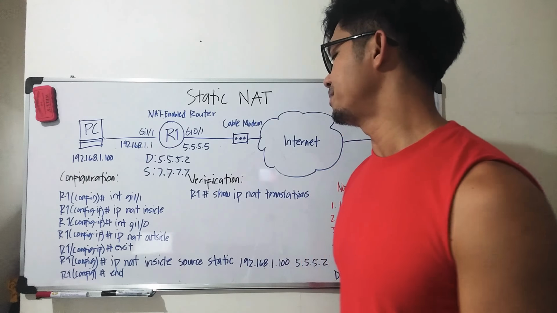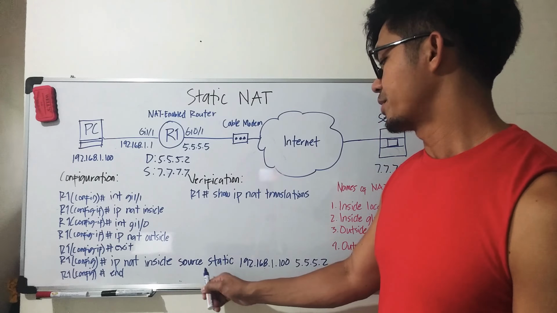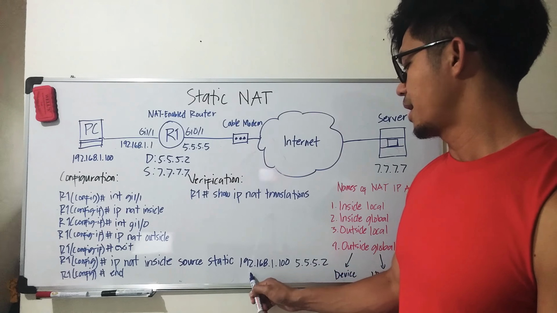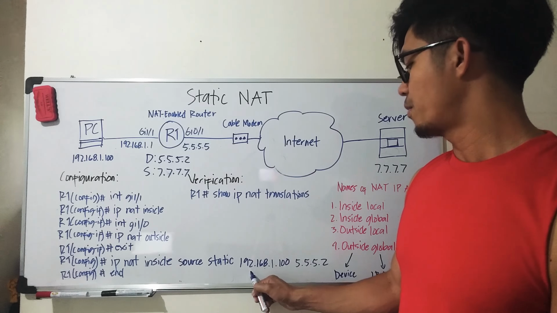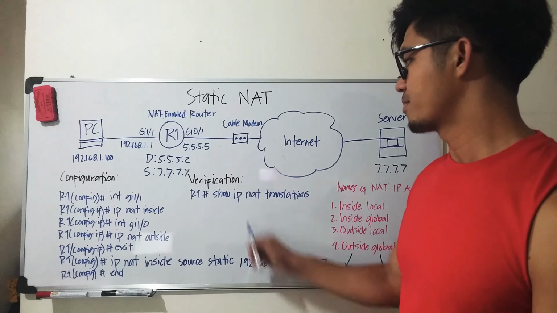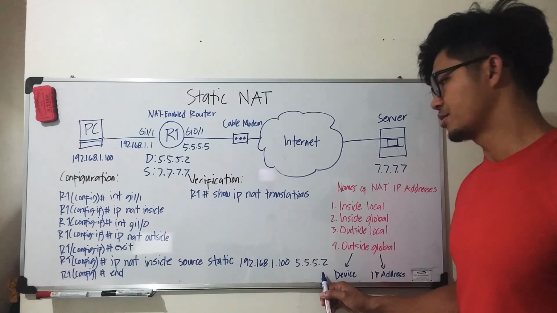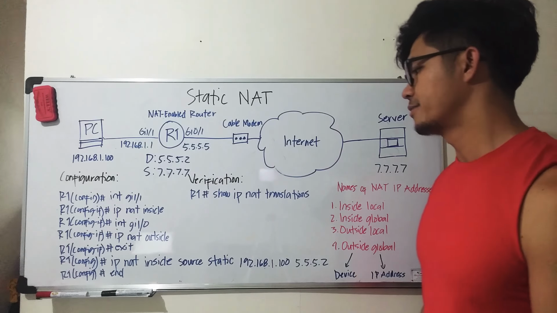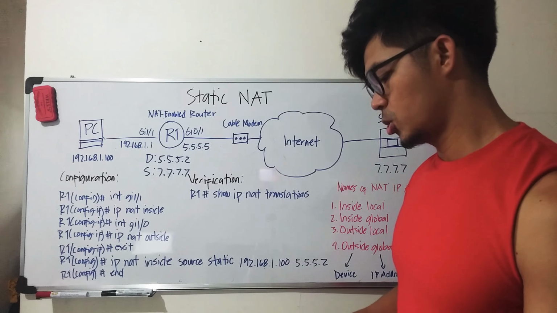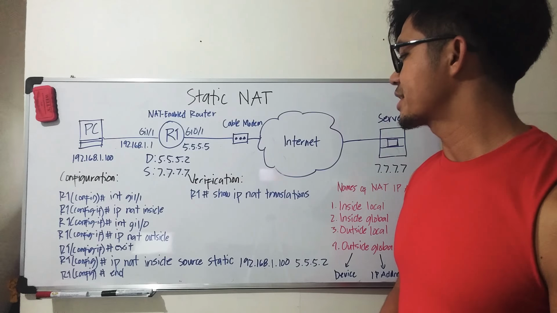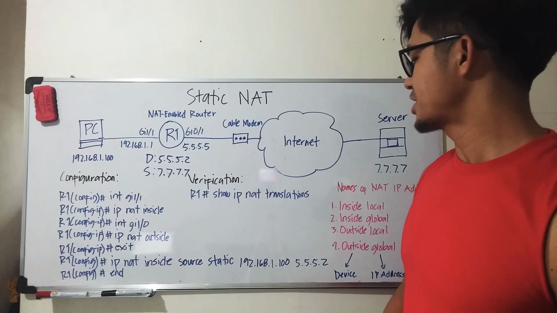So IP NAT inside source. Of course, this is static, so static, and this is our private IP, and like I said earlier, this is our public IP here, and that's it. You can verify it by doing a show IP NAT translations.